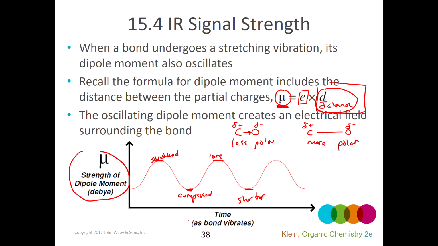And that is absolutely key to the success of infrared spectroscopy. It's this oscillating dipole where the bond gets more polar and then less polar and more polar and then less polar as it gets longer versus shorter. That's what the oscillating dipole is, that interacts with the light energy as the light is passing through the sample.